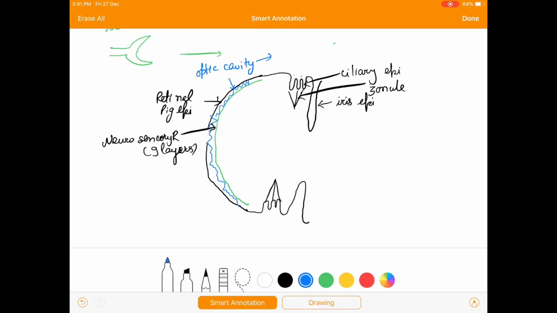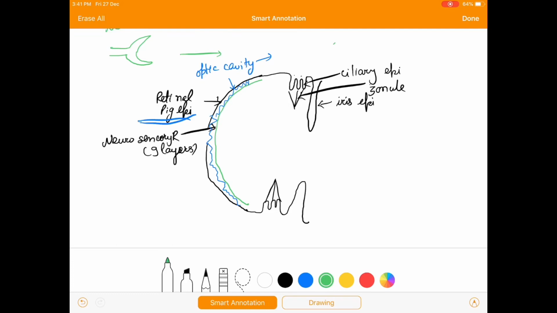So if you find a case of retinal detachment, most probably it may be because of the splitting between these two layers. Okay, so optic cavity.